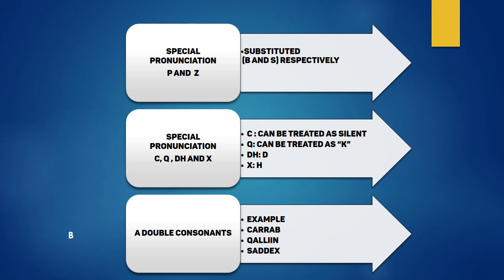There are also double consonants, which are two consonants basically. Those are very strong when you're pronouncing them. Like Arab, the example I gave. And remember the C, you can treat this letter C as a silence. Example two, Qalin.